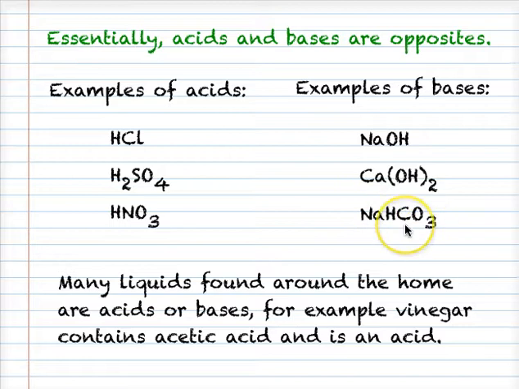This is baking soda. And also many liquids found around the home are acids or bases. For example, vinegar contains acetic acid and is an acid, obviously, and a lot of cleaning products are bases.